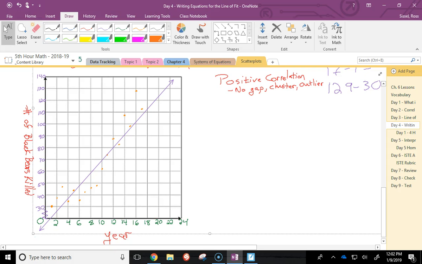First thing we have to do is we have to follow our line and find 2 points. So I'm going to follow this, and I'm going to look for, on my line, 2 points that I can know. Like, I know that point for sure, and mine's going to be pretty close.